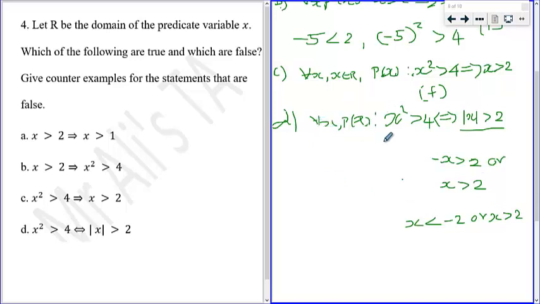So we are saying that for all x, x squared is greater than 4 if and only if x is less than negative 2, or x is greater than 2. So this statement is also true.